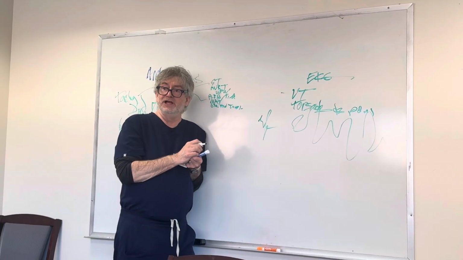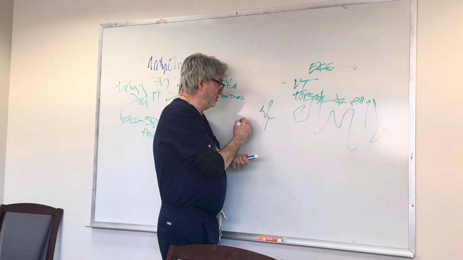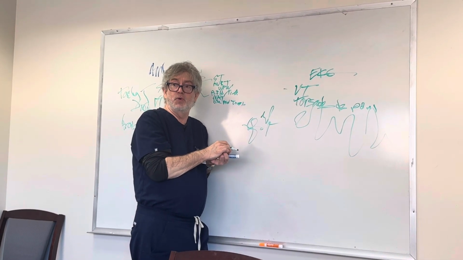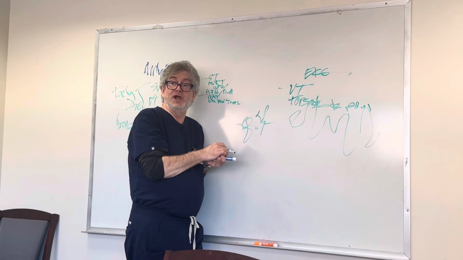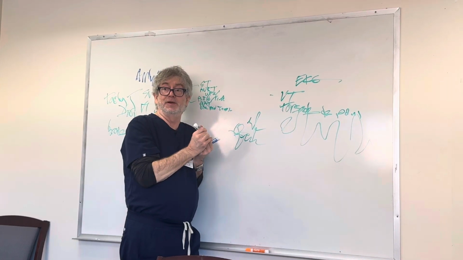AV nodal reentry and a flutter could be confusing because you're going to see P waves, you're going to see QRS complexes that are narrow. You're going to have a regular rhythm, and you may or may not see P waves buried. Now, with a flutter, sometimes you see flutter waves, sometimes you won't.